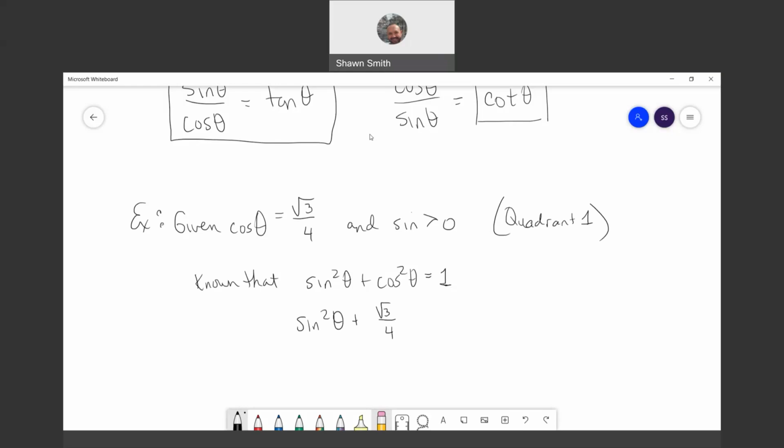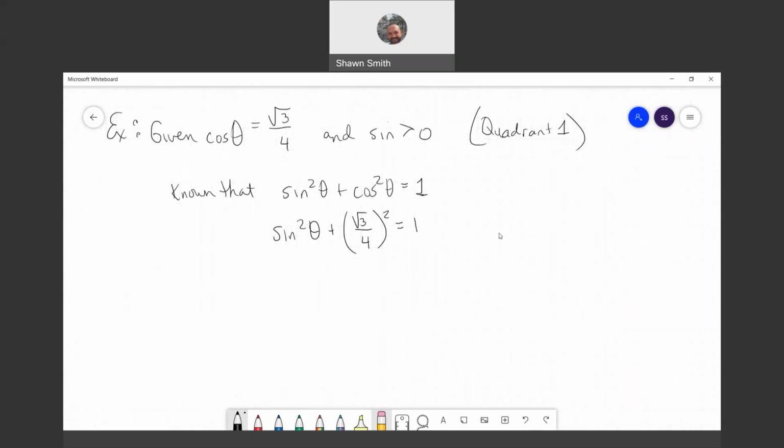In this equation, it says square it. So that leaves sine squared theta plus the square root of 3 gets squared, which is 3. The 4 in the denominator gets squared, which is 16. It's equal to 1.